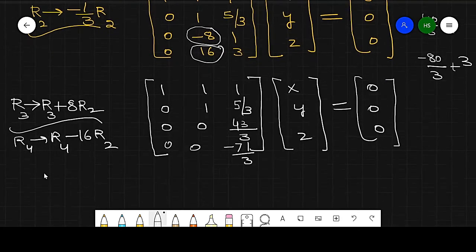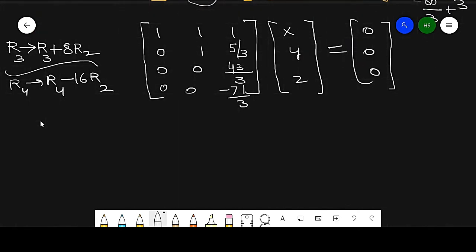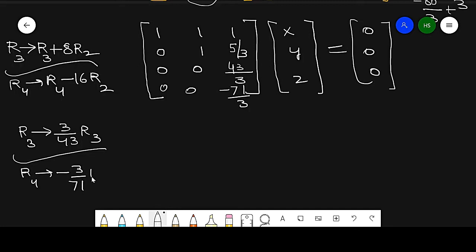Now, in order to simplify, we multiply the third row by 3 by 43, and the fourth row by minus 3 by 71.